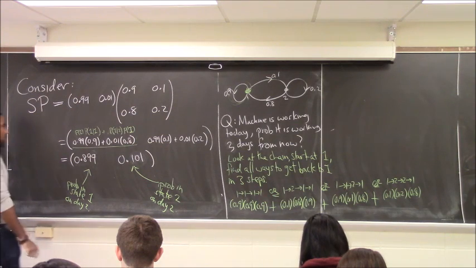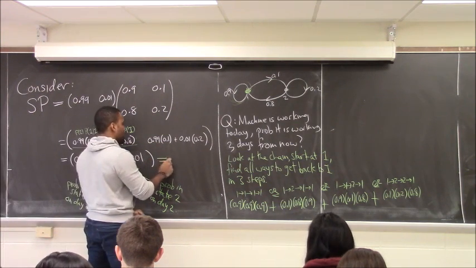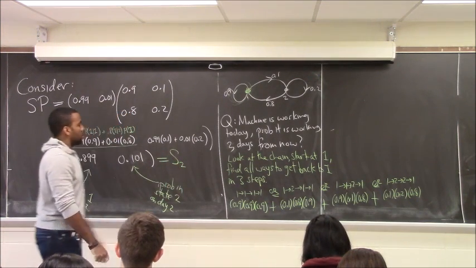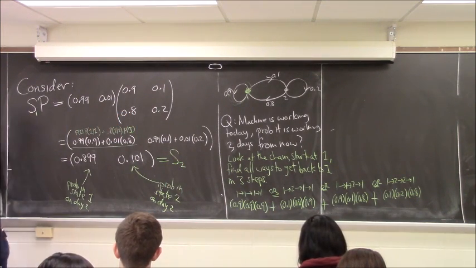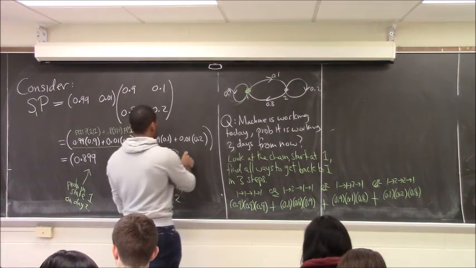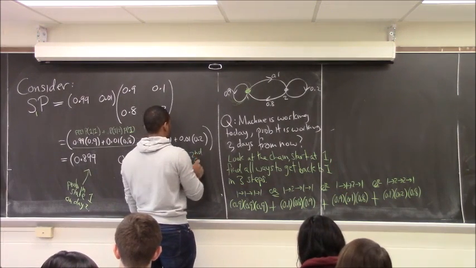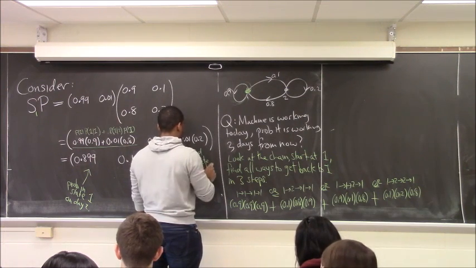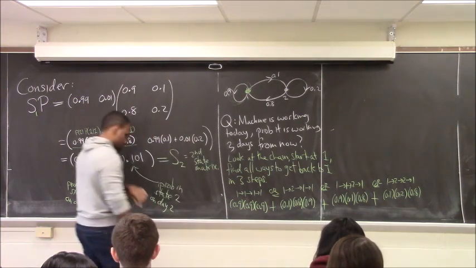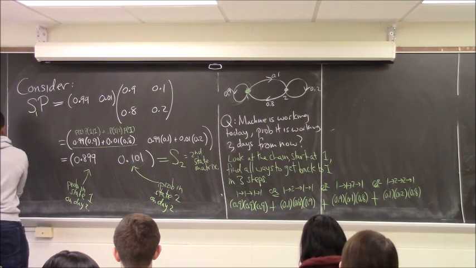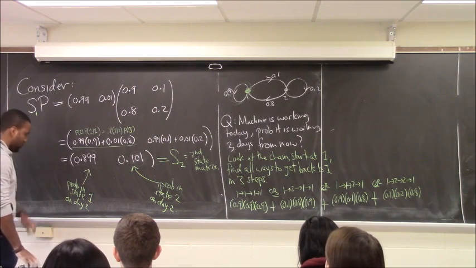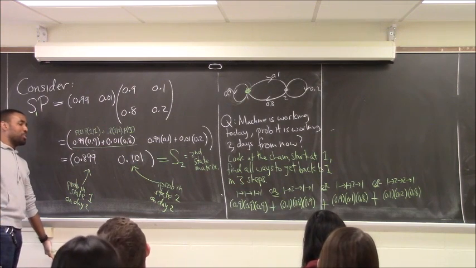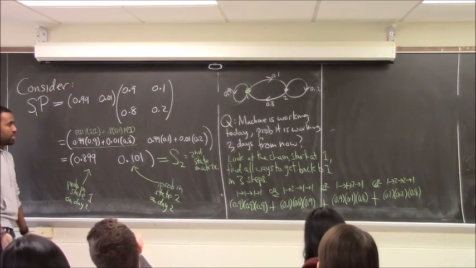This, by the way, is called another state matrix. This is called S2. So S1 was what we started with, and S2 is the second state matrix. Time flies. Are we out of time already? What do you think you would do to figure out what's going on in day 3?